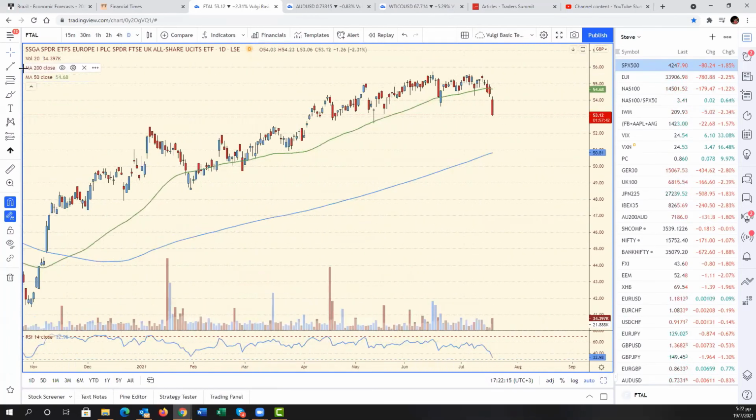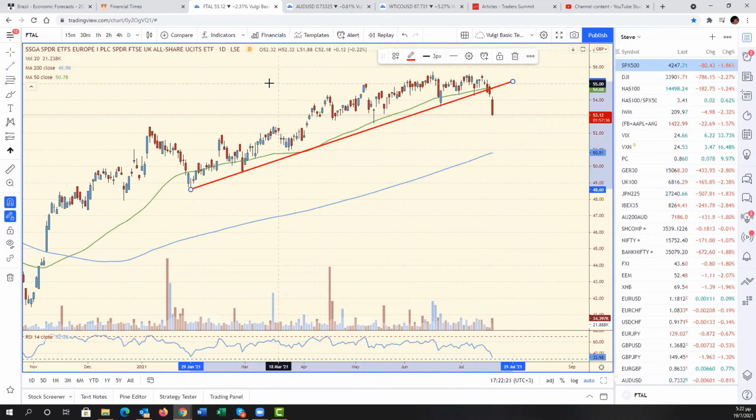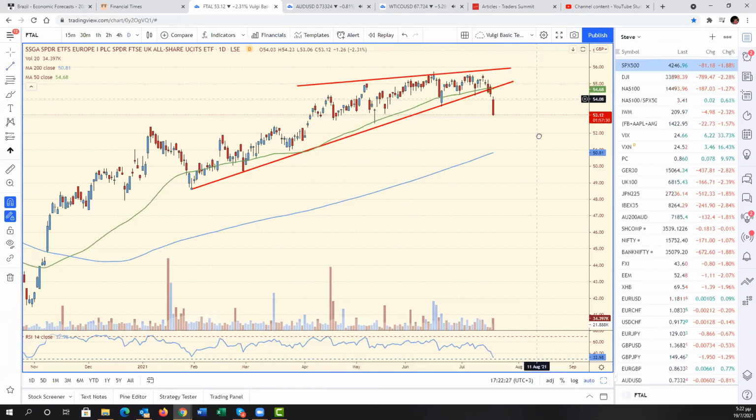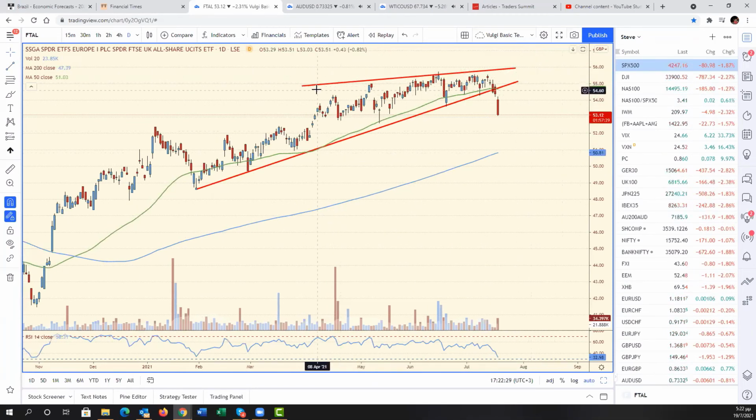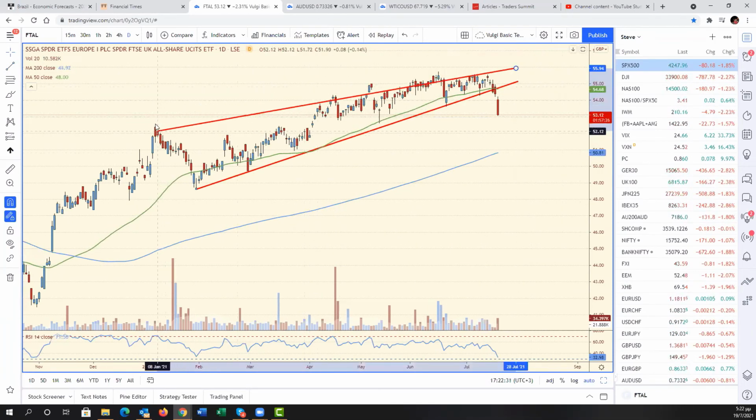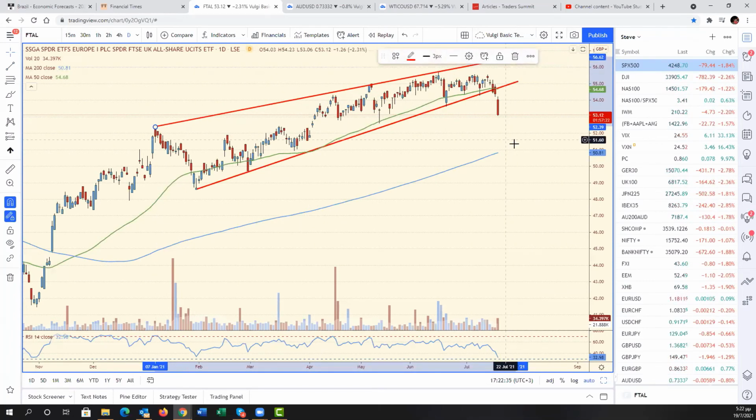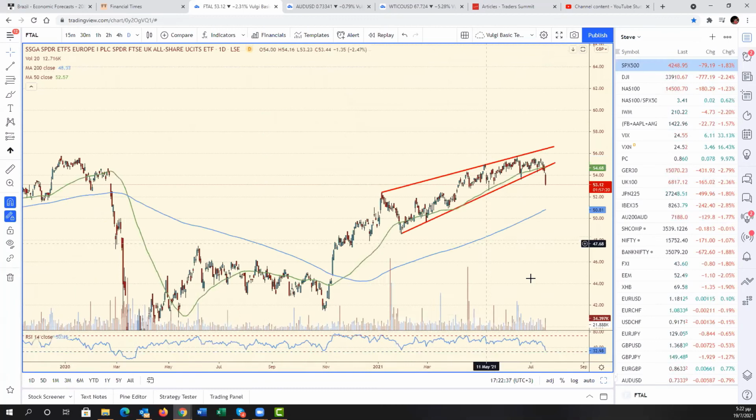This looks like the DAX actually. Doesn't look good. Oh, for Christ's sake, come on. Yeah, this doesn't look good at all.